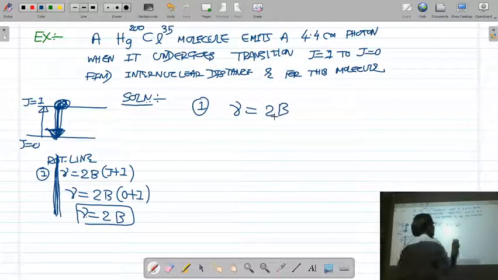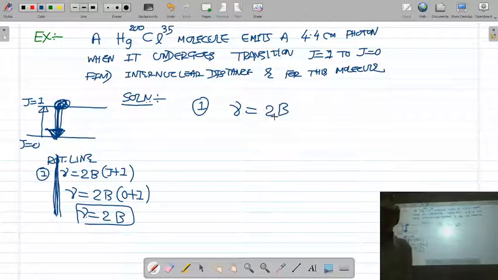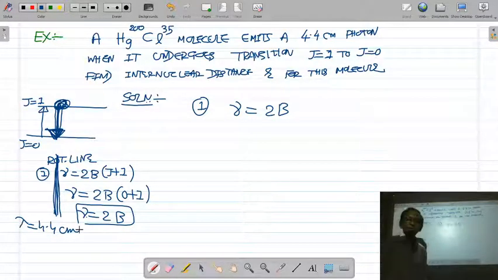Now see, in this example you are not given the wave number of the rotational line; you are given the wavelength of the rotational line, that is lambda 4.4 centimeter. In the previous example, I gave the wave number.